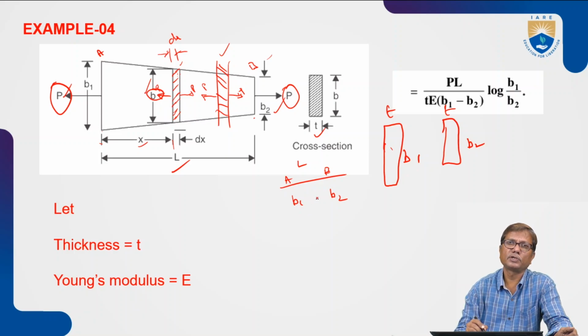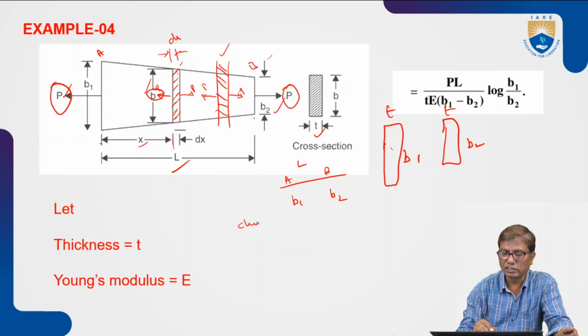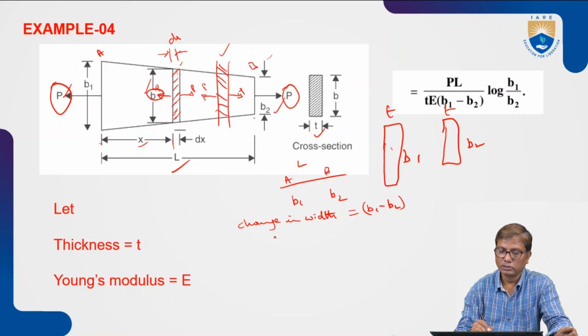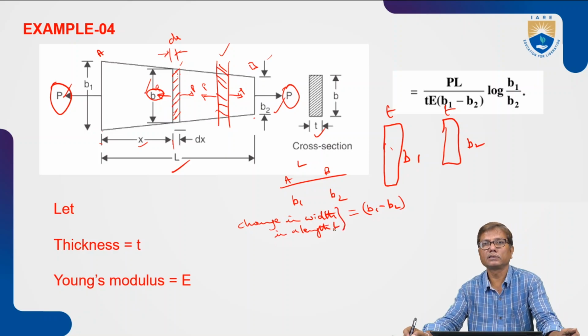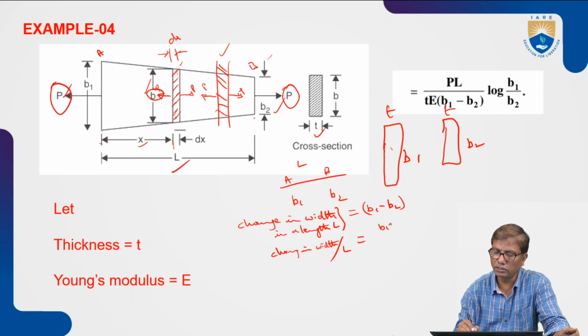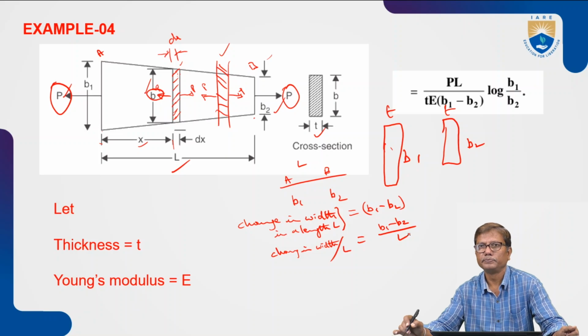So what will be the change in width per unit length? The change in width in a length L is B1 minus B2. So the change in width per unit length is B1 minus B2 by L.